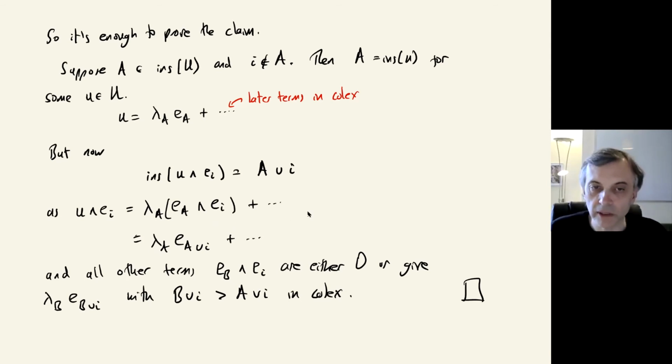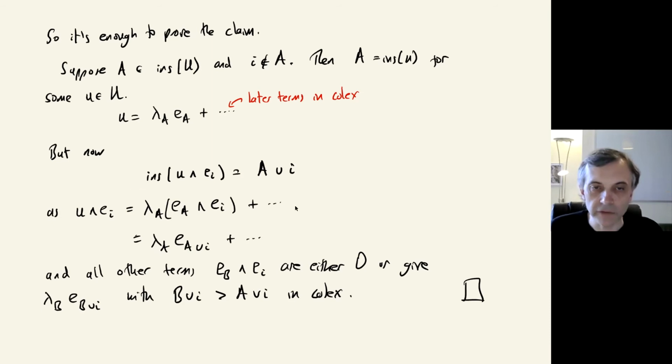And the later elements are either going to be 0, because I'm wedging e_I with some e_B where B contains I, and that gives me 0, or they'll be later in colex because B is later than A, so B union I has to be later than A union I. If I add the same thing to both sides, it's not going to affect which order they are in colex.